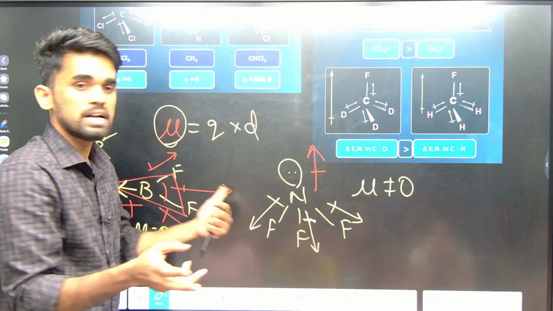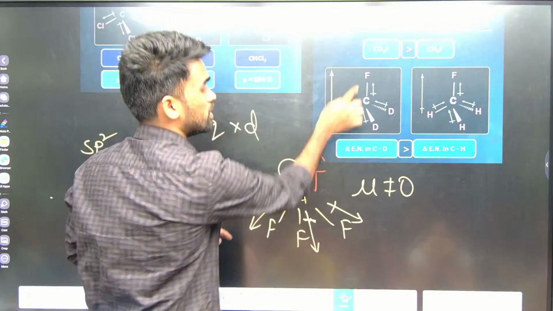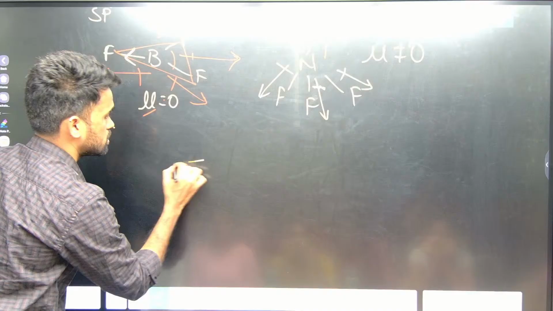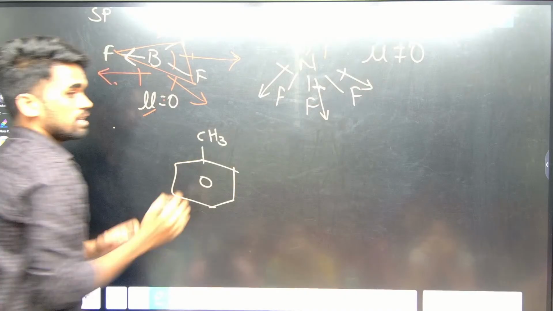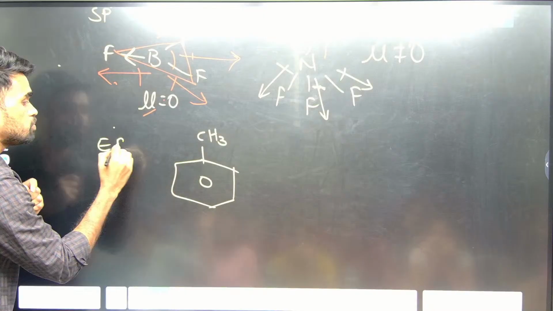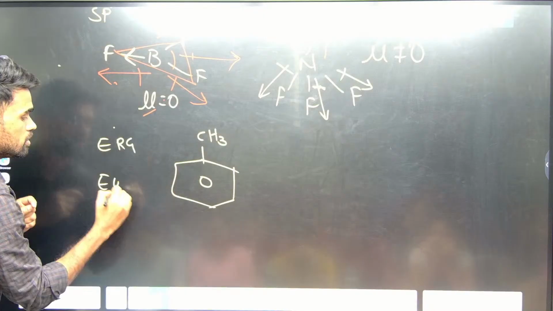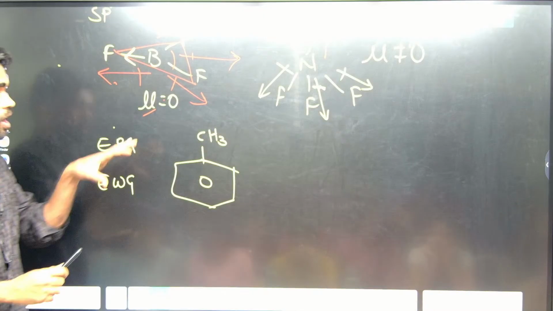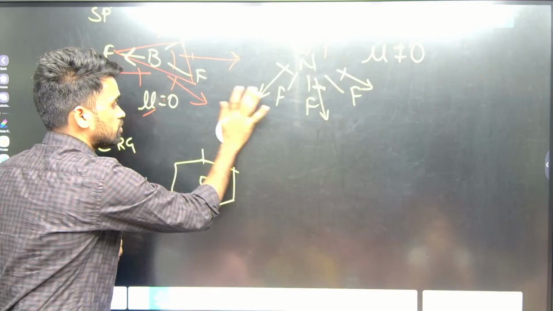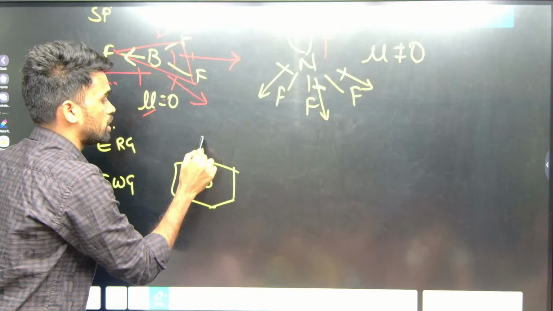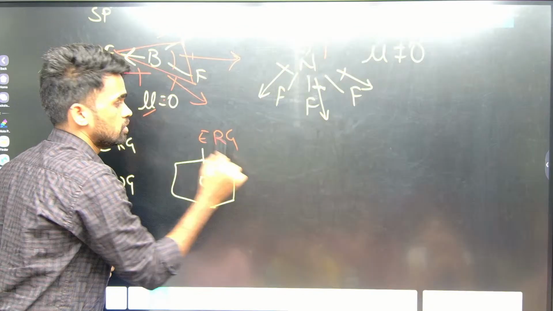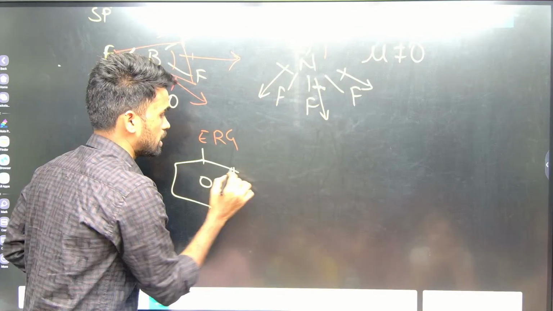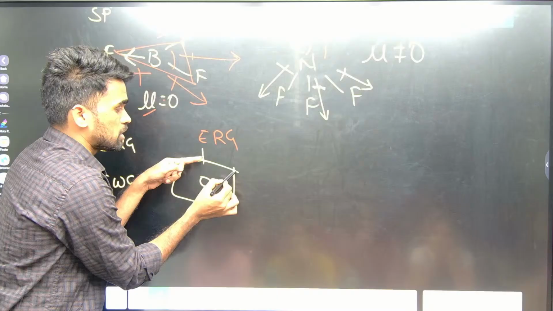Okay. Now I will tell you one tricky way to do it for organic compounds. See, when it comes to GOC, I am going to say something called electron releasing groups, and one more is electron withdrawing groups. So on a molecule, if two electron releasing groups are there, I think you know with respect to this, it is ortho, this is meta, this is para.